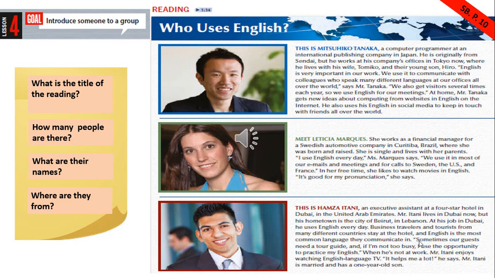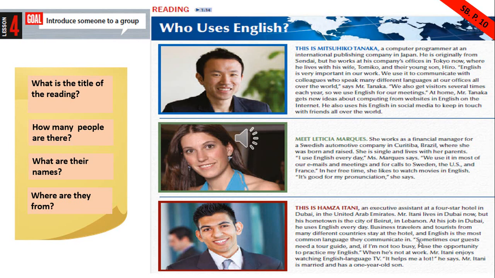This is Hamza Itani, an executive assistant at a 4-star hotel in Dubai, in the United Arab Emirates. Mr. Itani lives in Dubai now, but his hometown is the city of Beirut in Lebanon. At his job in Dubai, he uses English every day.